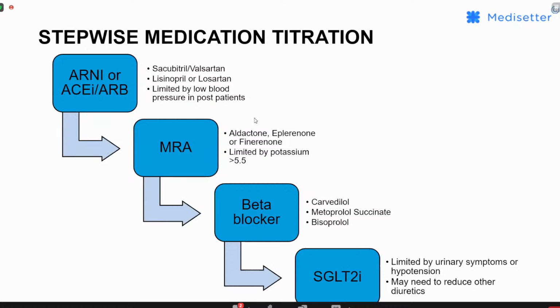I actually wrote a letter to the editor to the New England Journal of Medicine that was published on that specific topic, because all of the trials for SGLT2 inhibitors actually don't mention what the diuretic dose for the patient was in the trial, and they don't address if that was adjusted. And so I think that's something really important for you to understand, is you may not be able to have a patient on a diuretic and an SGLT2 inhibitor at the same time.